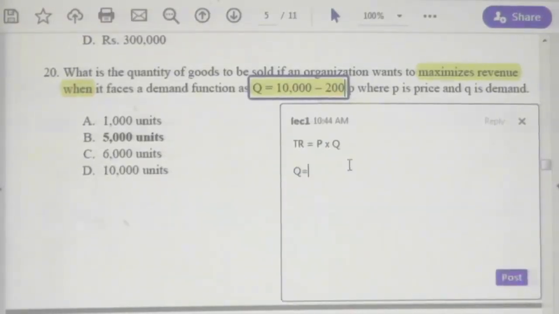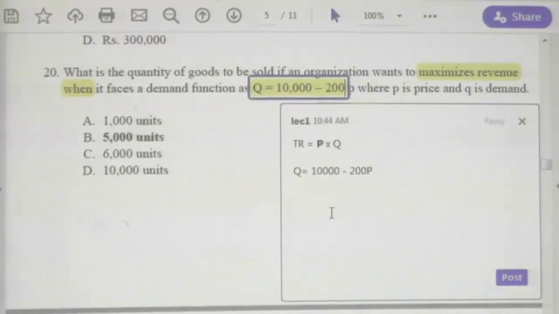Your quantity function: Q equals 10,000 minus 200 P. If you can isolate this P, you can have the price function. We are in the process of developing this price function. How?